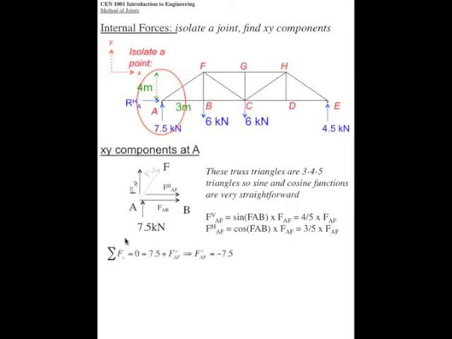And so now we can do the summation of vertical forces is equal to 0: plus 7.5, and then we had assumed this was in tension, so it's pulling away, so it's up, plus F sub AF. Well, when we solve for that, it comes out negative. So we know, since we assumed it was tension and it came out negative, our assumption was wrong. So therefore, it's in compression. Okay, so if we always assume tension, if the answer comes out negative, we know it's in compression.